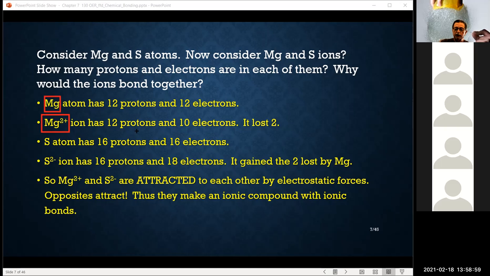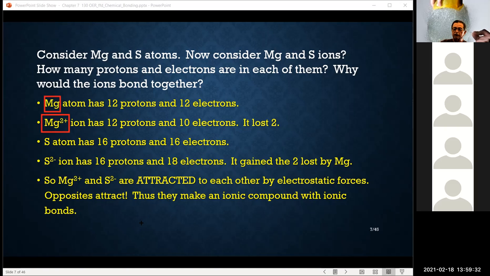So as it became the ion, magnesium lost 2 electrons, okay? Sulfur, again, has 16 protons, 16 electrons. It is a nonmetal in group 6. It needs 2 electrons to make the happy 8, the octet rule. So it will pick up 2 electrons, and now it has a total of 18 electrons, giving it a full -2 charge.